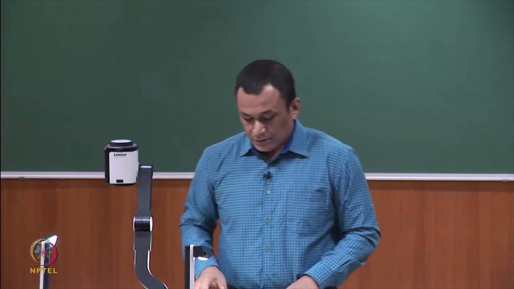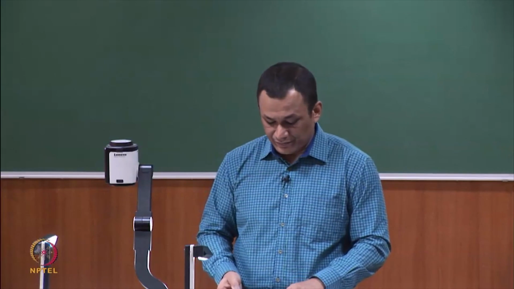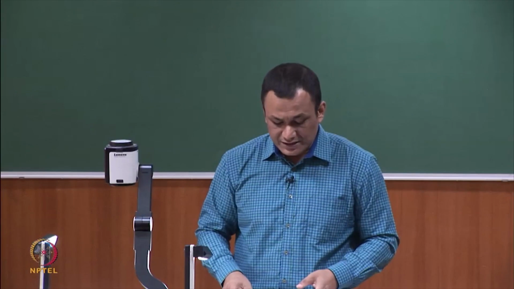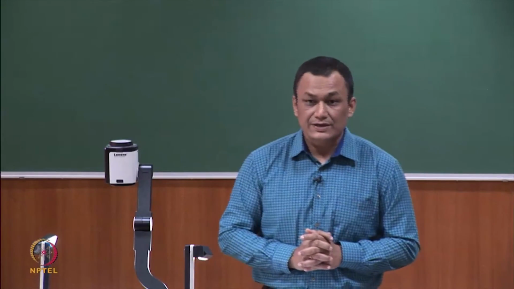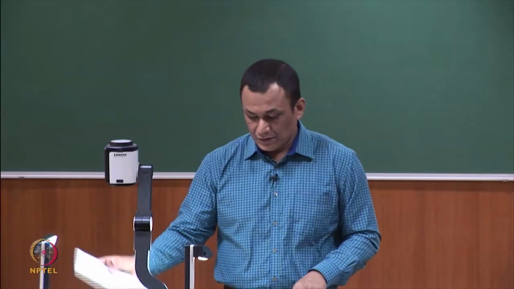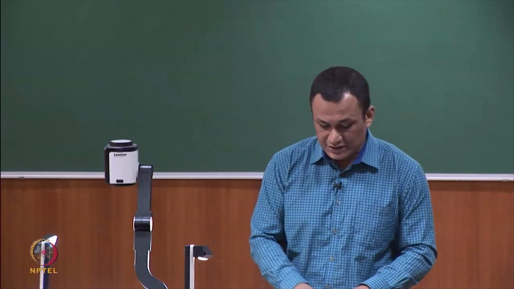So, far we have solved 4 numerical problems. Now, we will go to discuss the next part of this module, that is related to stress strain relation in yarn. So, we will now start that part, stress strain relation in yarn.